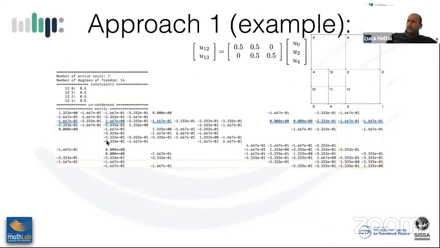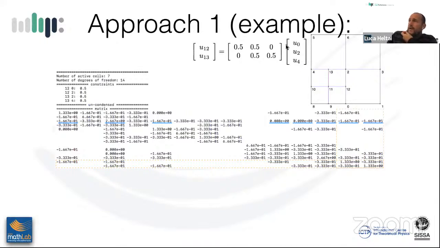The approach here looks in the following way. Here we have the 12 degrees of freedom and the 13th degree of freedom, which are actually constrained, and the constraint matrix looks like this. I'm just showing U0, U2, U4 as a little constraint matrix with respect to the local matrices that you have here.